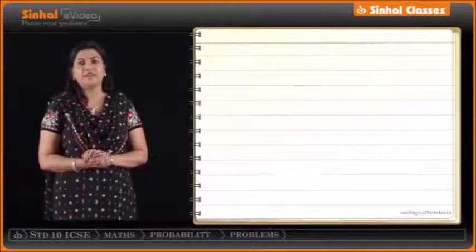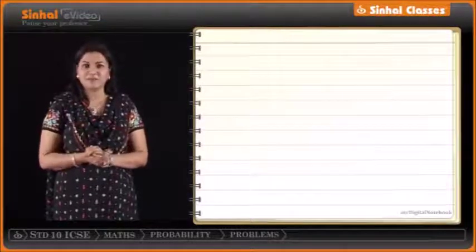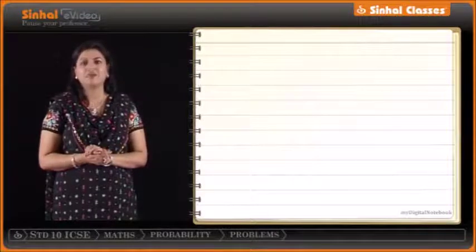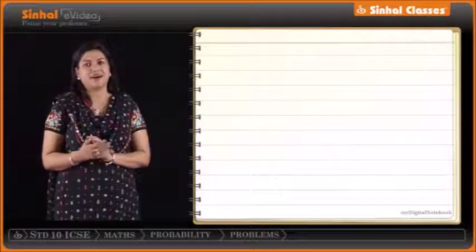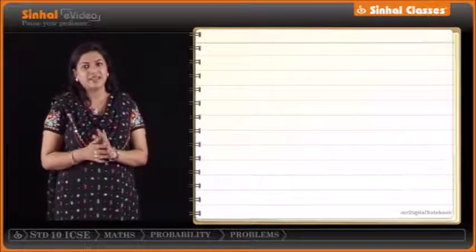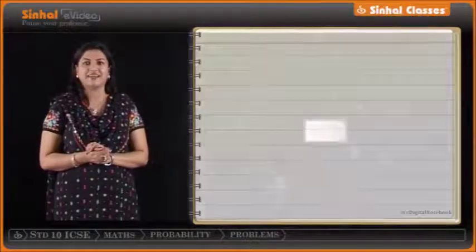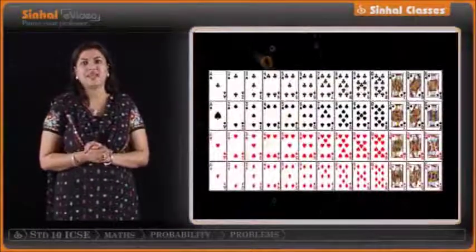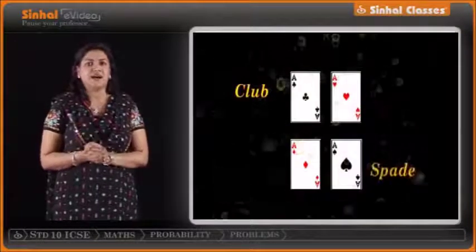Now before moving ahead to the next problem, let's understand the concept of cards. We are talking about playing cards. I think you all must have played cards some way or the other. Now let's see about the pack of cards. In a pack of cards, there are 52 cards and there are 4 suites, which are clubs, spades, diamonds and hearts.